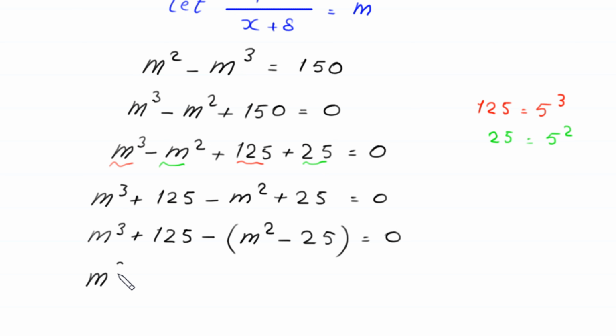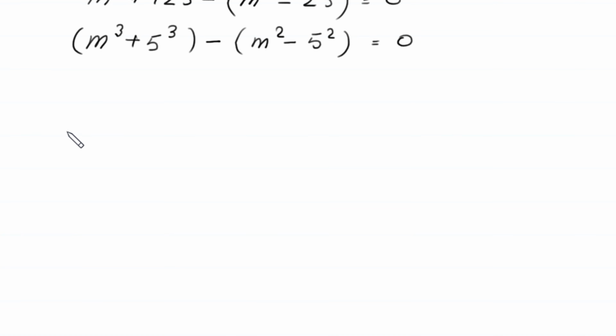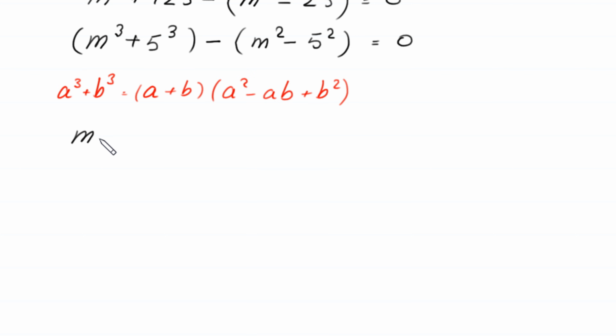Next, m cubed plus we can write this 125 as 5 cubed, minus m squared, we can write this 25 as 5 squared, is equal to 0. Now, by using the algebraic identity a cubed plus b cubed is equal to (a plus b) times (a squared minus ab plus b squared), this m cubed plus 5 cubed will become (m plus 5) times (m squared minus 5m plus 5 squared or 25).